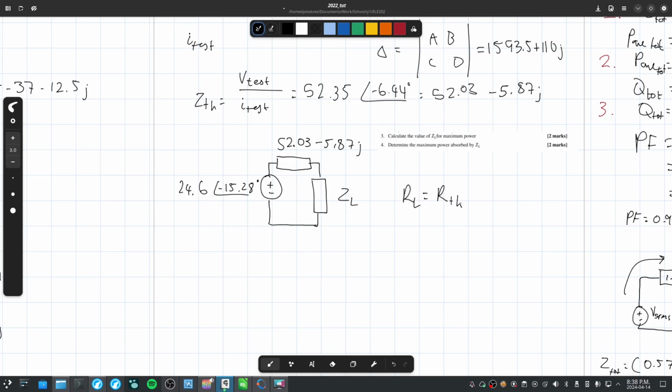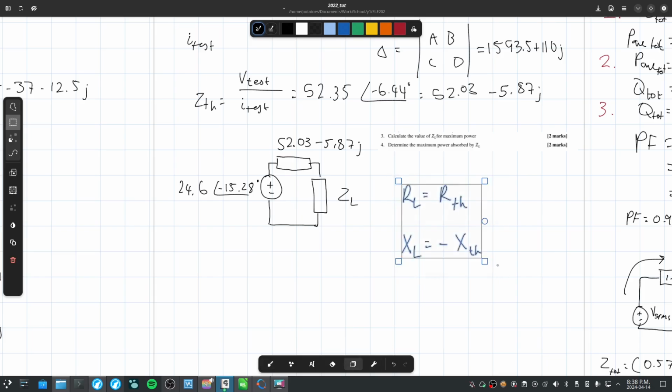This is not true in AC. In AC, the reactance is the opposite. So the real part is the same, but the imaginary part is the opposite.